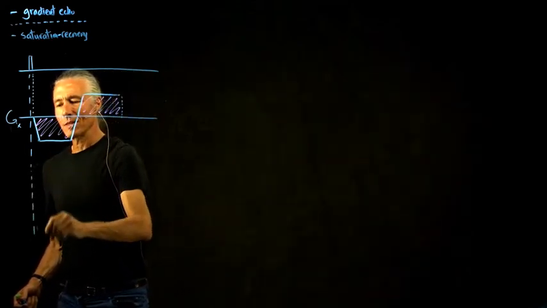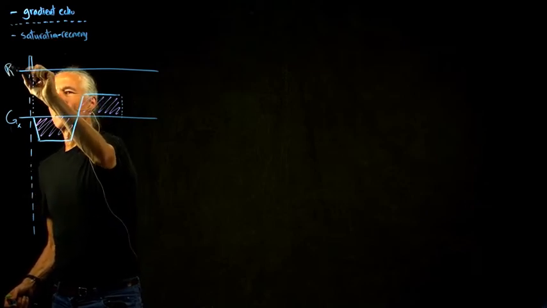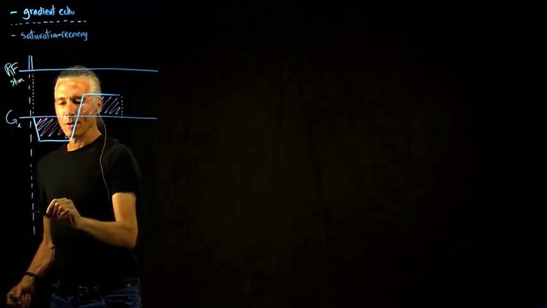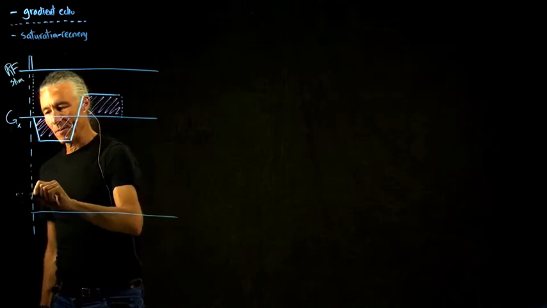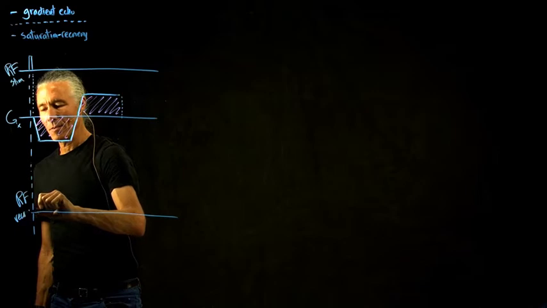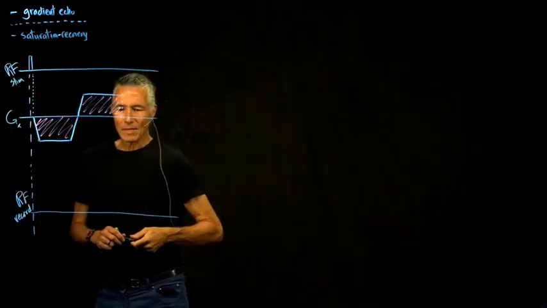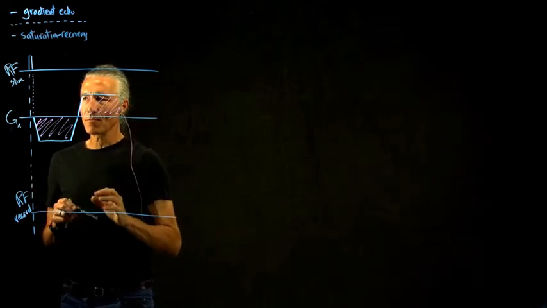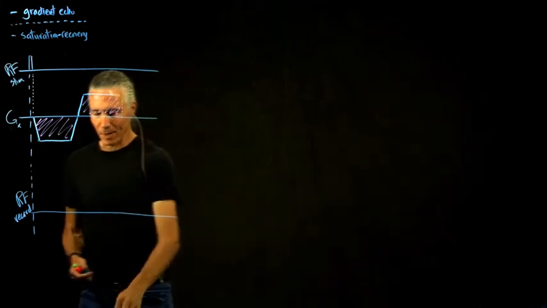So now if we look at the signal, this is RF stim, and then this is RF record. So here's the signal we get. If we hadn't turned the gradient on, then what we would get is what we described a couple lectures ago, which is just the FID, the free induction decay.